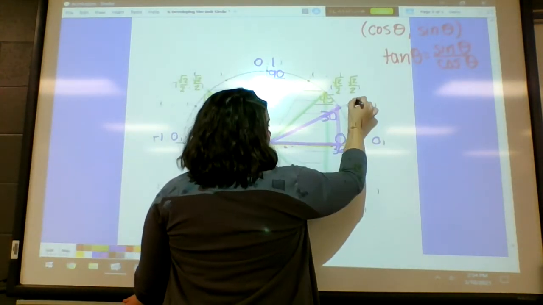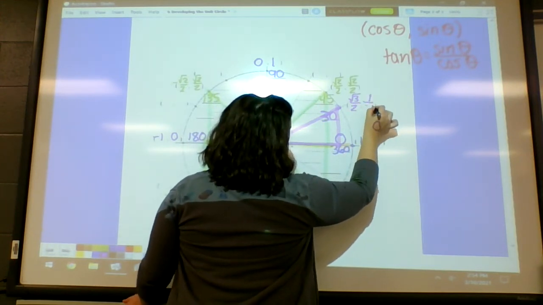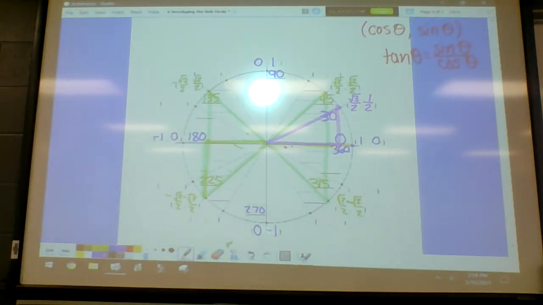And we said the x value is the square root of 3 over 2, and the y value is 1/2. So the cosine of 30 is square root of 3 over 2. The sine of 30 is 1/2.